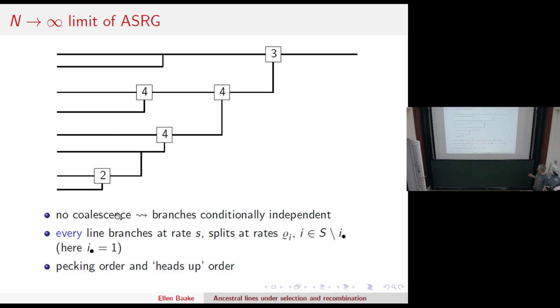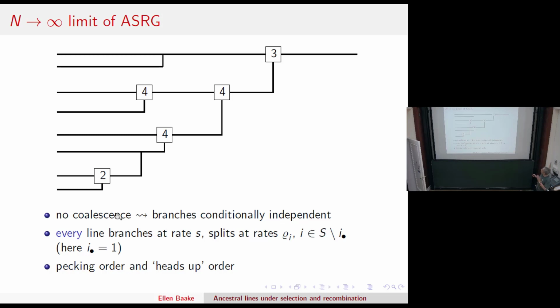Namely, every line branches at rate s. And when there is a branching event, we place the incoming line immediately below the continuing line, because that later allows us to query lines from bottom to top in the order of the pecking order.